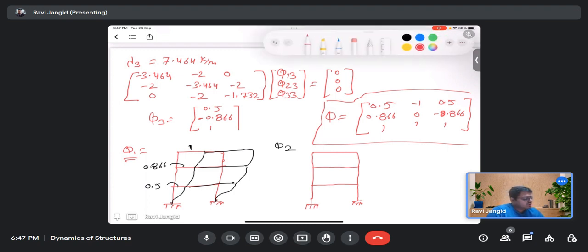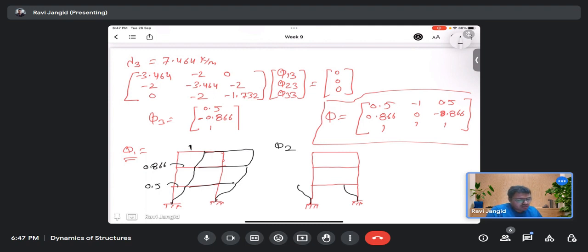So in that, my third mode is negative, second mode is 0, and the first mode is negative. So that would be like that.